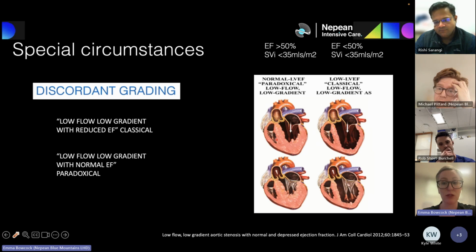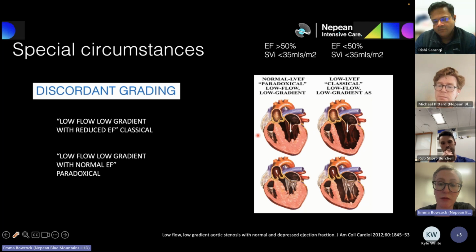And these patients can also present with those same hemodynamic values that I quoted. So having gradients less than 40, Vmax less than 4, but aortic valve areas and DSIs in the severe range. And these would be paradoxical low flow, low gradients, which are really quite tricky. And I forget the exact percentage, but a significant number of these patients will have cardiac amyloid, ATTR amyloid.